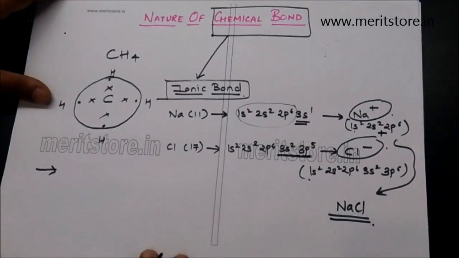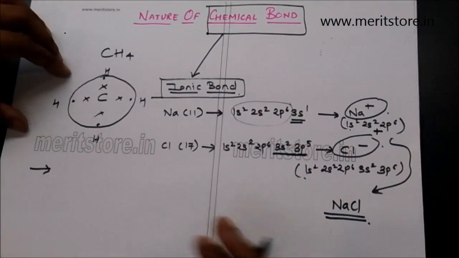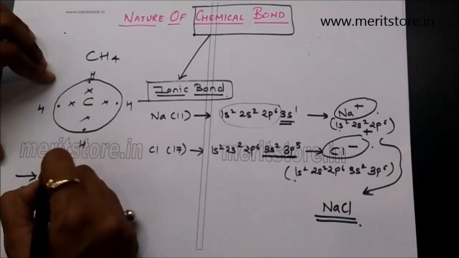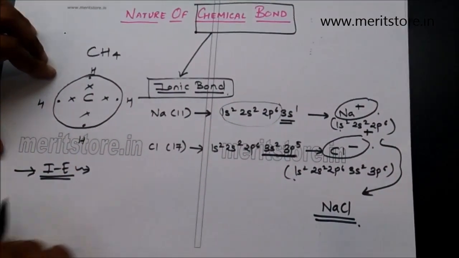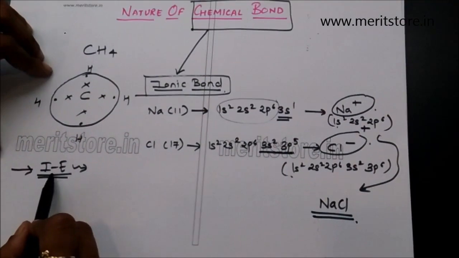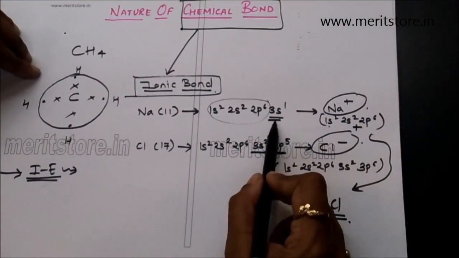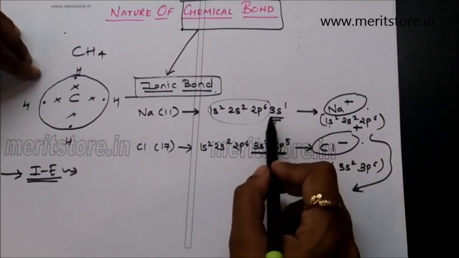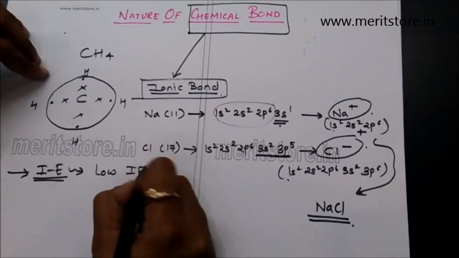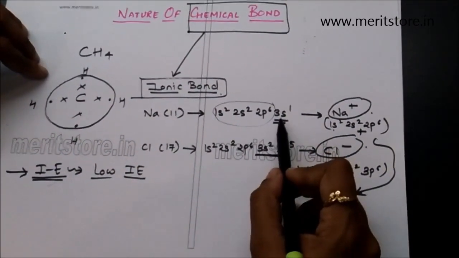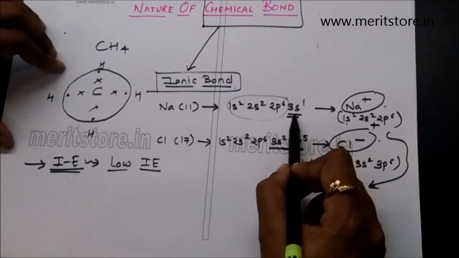We have certain factors to decide the ionic bond formation. First of all, ionization enthalpy. Ionization enthalpy is the energy required to remove the electron from the outermost shell. Those elements which require less energy, that is having low IE, will have a tendency to lose electrons easily from the outermost shell.